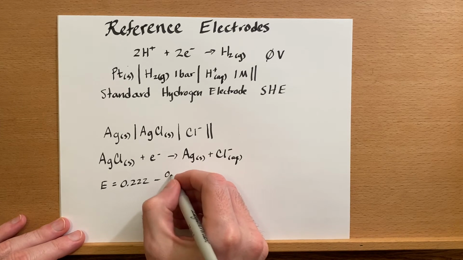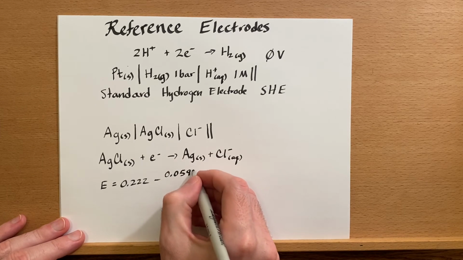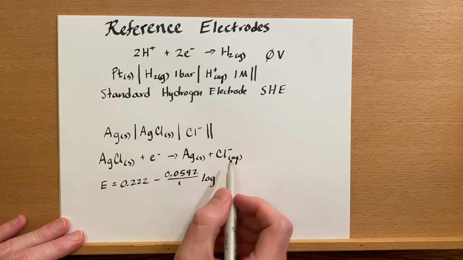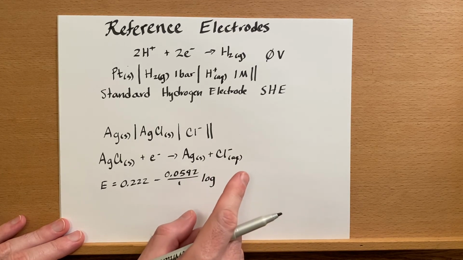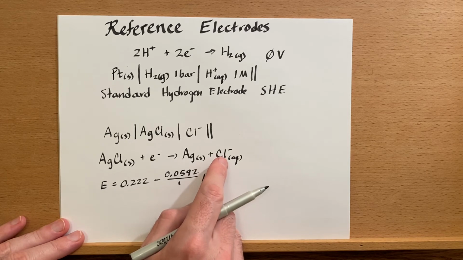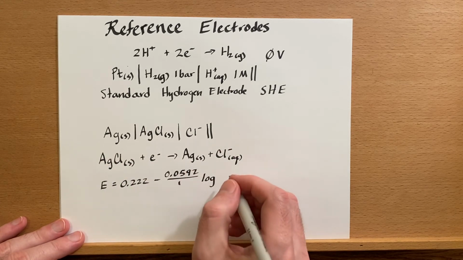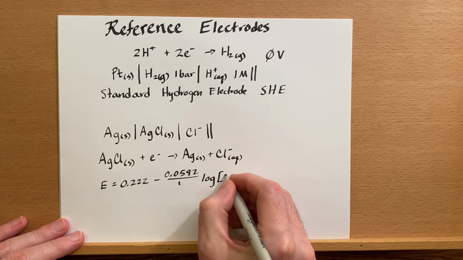And then same thing, log of, okay, now here's the reaction quotient for this reaction. Chloride ion, that's it. That's a solid, that's a solid. So, concentration of chloride.